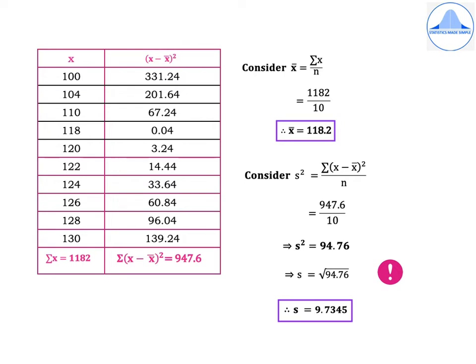Now we need to calculate the sample variance, which has the formula small s square equal to summation x minus x bar whole square by n, which is equal to 947.6 divided by 10. So s square is equal to 94.76, or s is equal to root of 94.76, that is s is 9.7345.